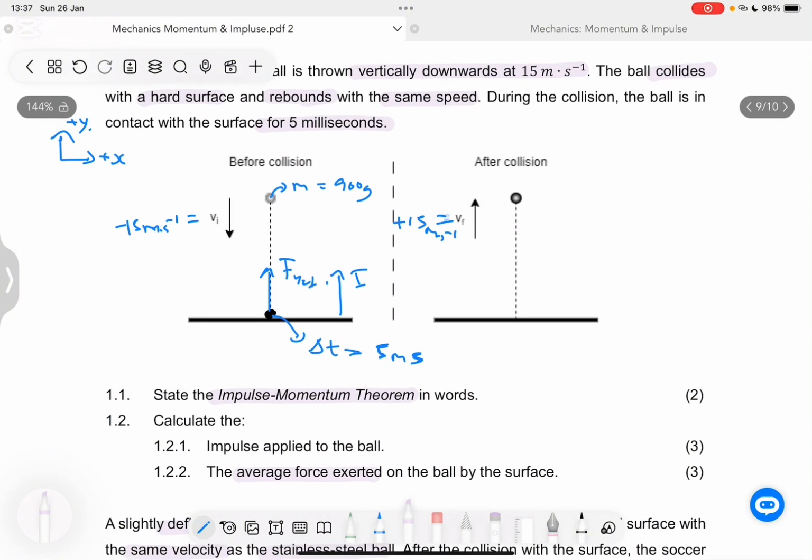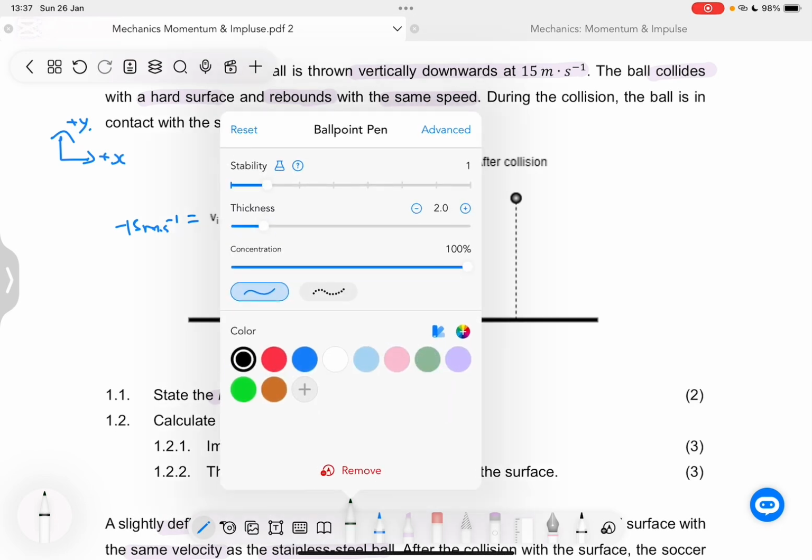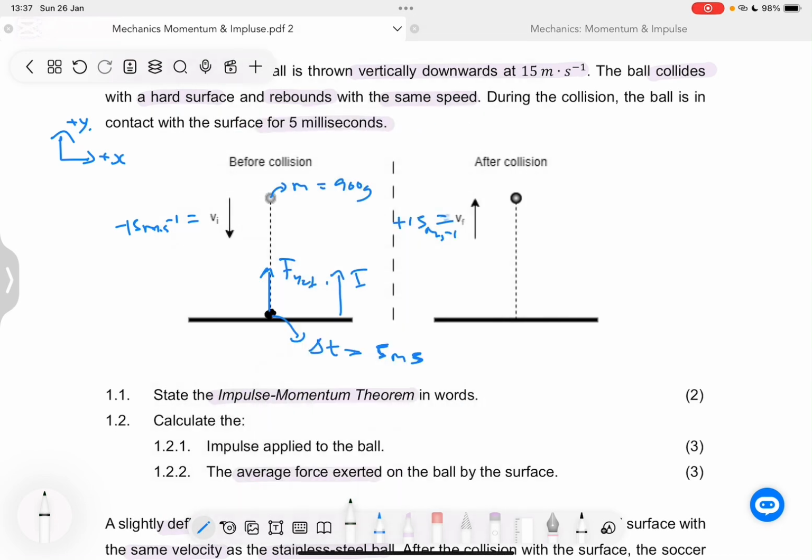Now what they're saying here is that we now take a different ball on the same surface here that we have. We throw it with the same velocity, right? The same velocity as this ball.